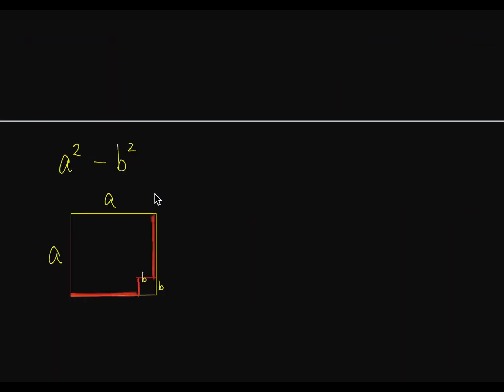That is the difference of perfect squares. Now we have a squared minus b squared. How can we factorize this expression? The same, we're going to look at the geometric representation of this formula. a squared represents the area of the larger square, and take away b squared.